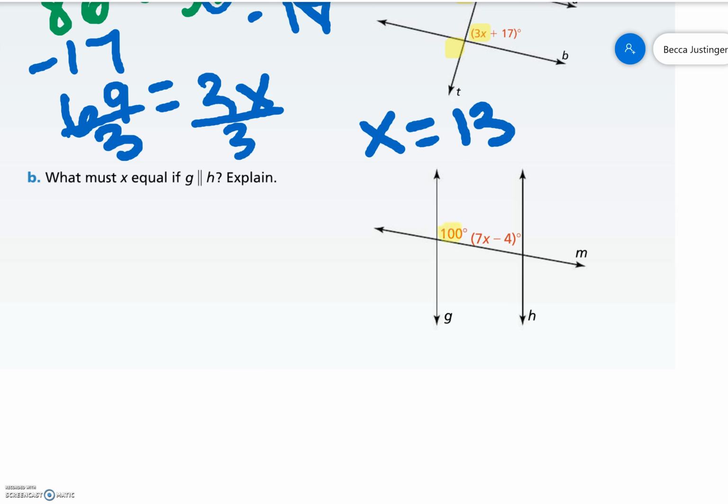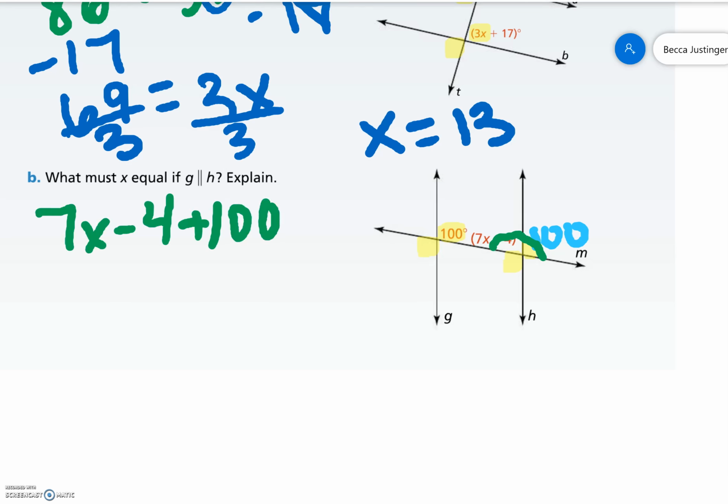Now, on the other side, if this angle is 100, so is its vertical angle, and these are their corresponding angles. So I know 100 is not equal to 7x minus 4. But if this is 100, I know these two angles are supplementary. So 7x minus 4 plus 100 must be equal to 180.